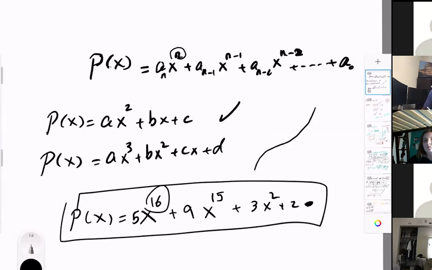So a polynomial is an expression where all the exponents must be integers. We cannot have negative exponents or fractions. They have to be positive integers. We don't care about the coefficient. Coefficients like 5 and 9 can be any number you like. But the exponent must be positive and an integer.